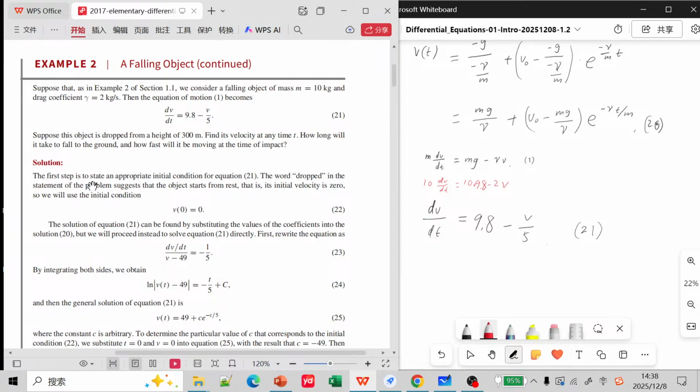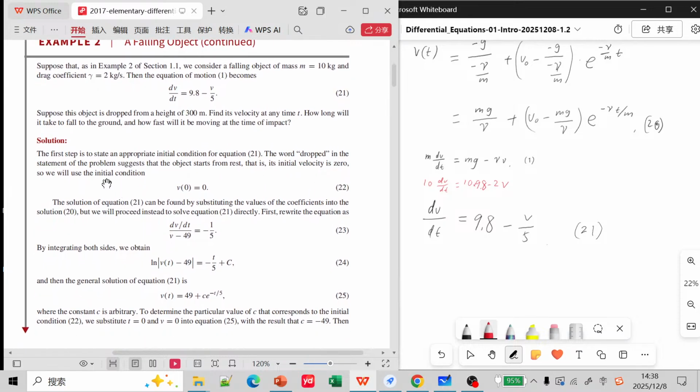The first step is to state an appropriate initial condition for equation 21. The word dropped in the statement of the problem suggests that the object starts from rest, that is, its initial velocity is 0. So we will use the initial condition v0 is equal to 0.